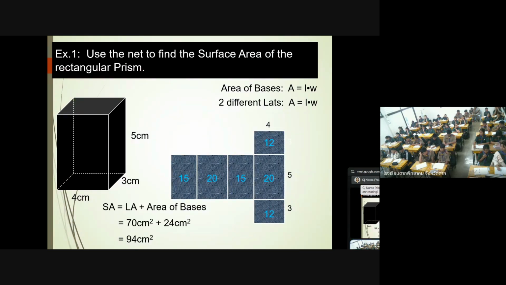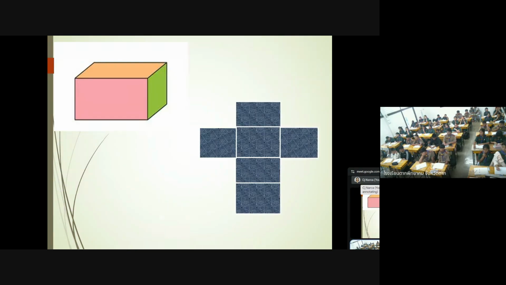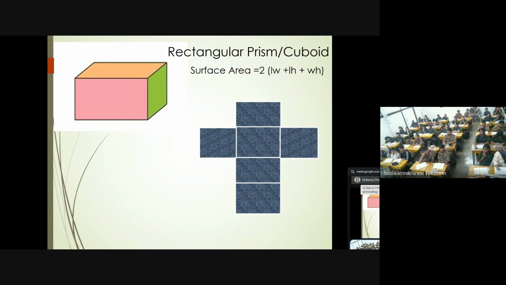What is the formula? This is the formula. Copy the formula. So, this is a rectangular prism again. The formula is 2 multiplied by length times width plus length times height plus width times height. Let's first identify the length.